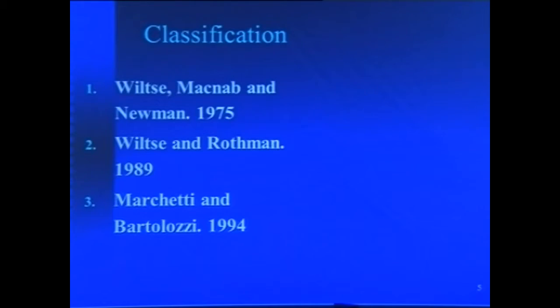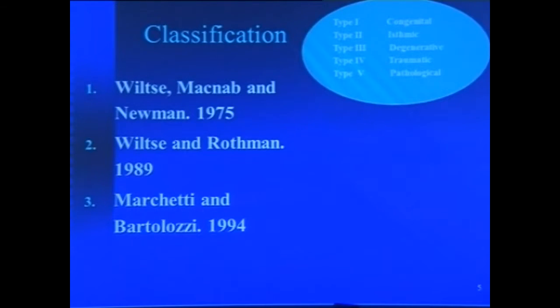When we talk about classification, the Wiltse classification was the first, given in 1975 by Wiltse, Newman and Macnab. But there are still deficiencies in this classification because it could not account for many etiological factors.